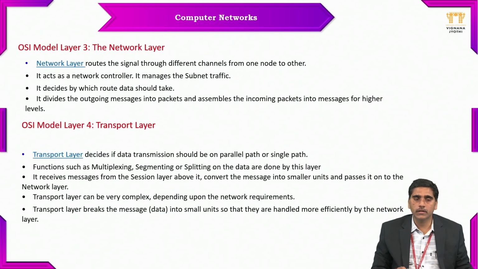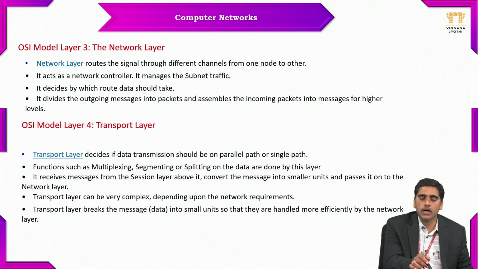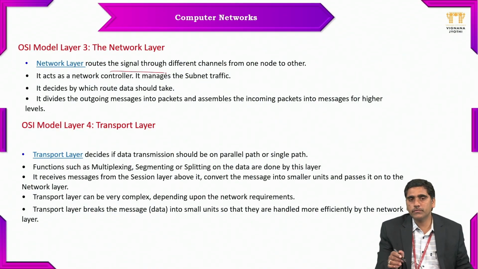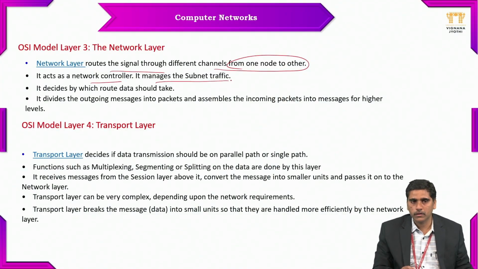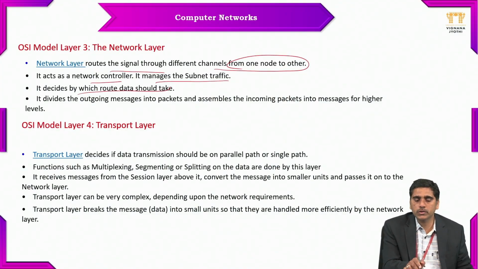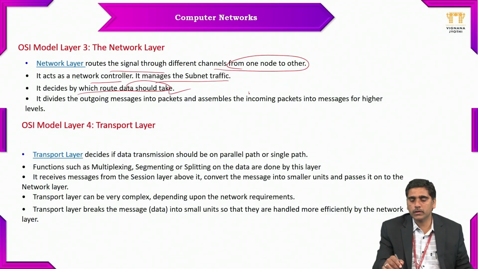And the third one is what? The network layer. So network layer routes the signal through the different channels from one node to another node. So how the nodes are transferred. So what is the route for transferring, and what is the shortest path to the destination. It acts as network controller. It manages the subnet traffic. It decides by which route data should take. So routing is important, and that routing will be handled by this network layer.